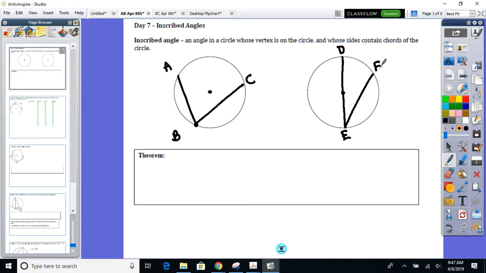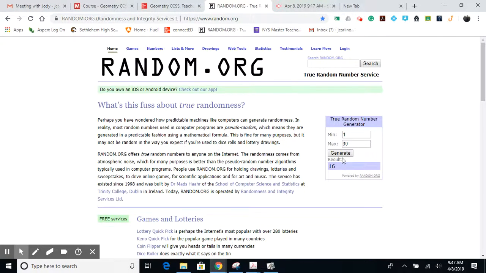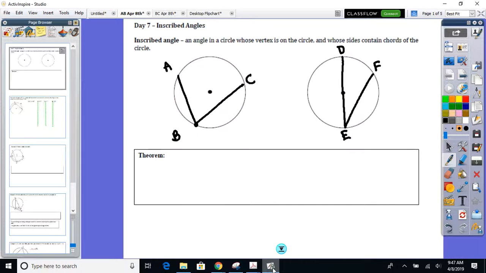How do you find a central angle, by the way? I think we've gone over this twice today. How do you find the measure of a central angle? Let's measure the arc. Not the case here. Inscribed angle.